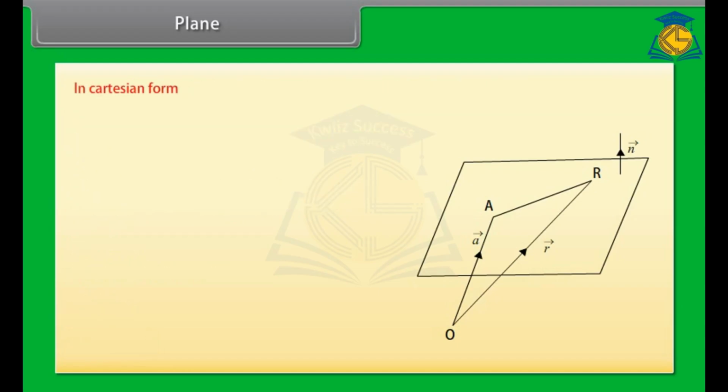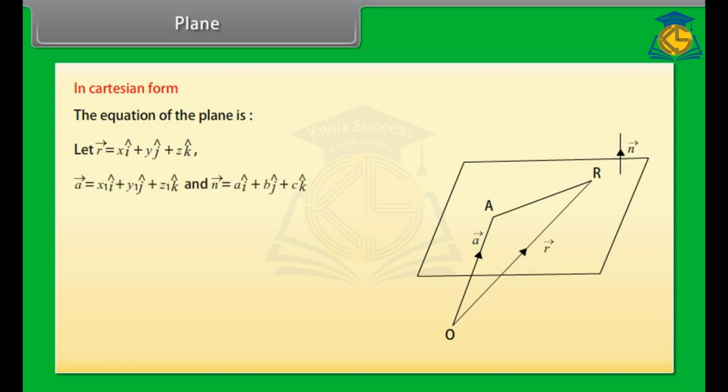In Cartesian form, the equation of the plane is: let vector R equals x i cap plus y j cap plus z k cap. Vector A equals x1 i cap plus y1 j cap plus z1 k cap. Vector N equals a i cap plus b j cap plus c k cap.